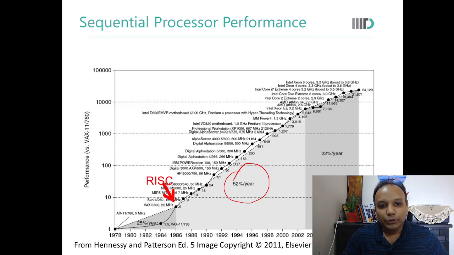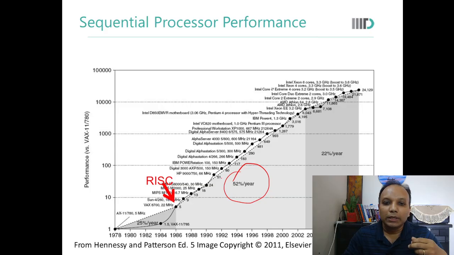Now, this was going very well, we progressed very well, but in the last class we discussed that because of the power wall problem, most of the performance benefits were coming from the fact that we could put more and more transistors inside the chip, and the architecture was able to utilize all these transistors by switching them faster and faster.